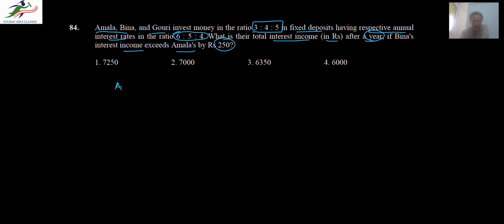So we have Amala, Bina and Gauri, and they had 3x, 4x and 5x amount of money which they invested in a fixed deposit where they got interest rates in the ratio 6:5:4.